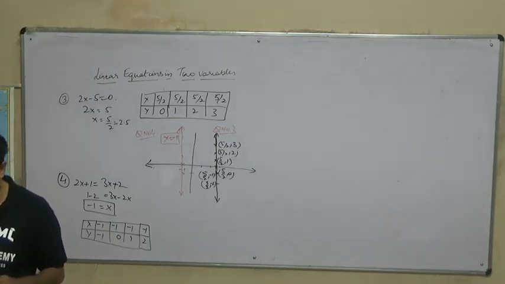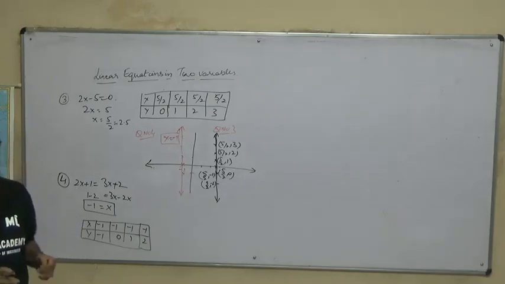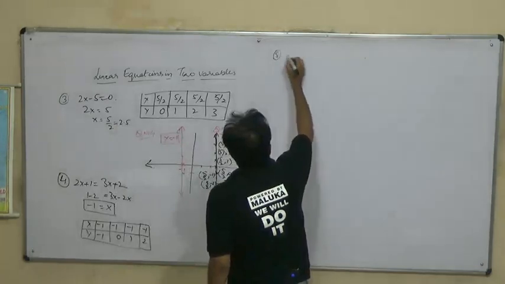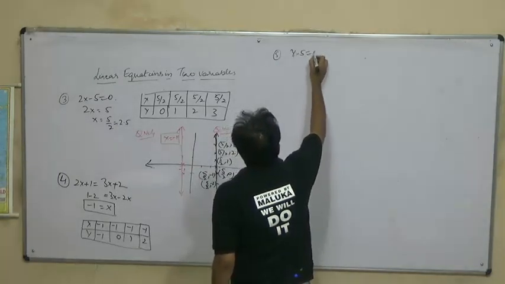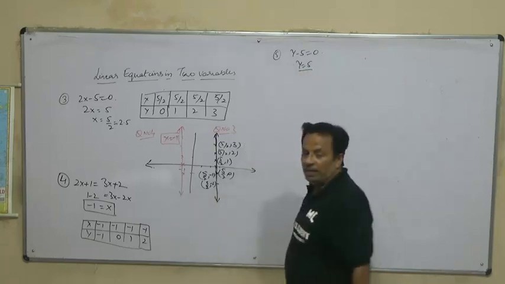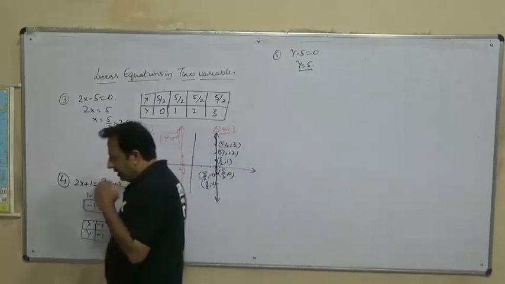Then we move to the second part of it, that is the draw graph of y minus 2 is equal to 0. Fifth question is y minus 5 is equal to 0. So here what we get is the value of y as 5. So value of x can be any.